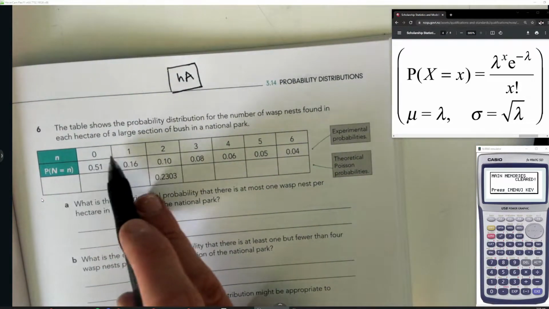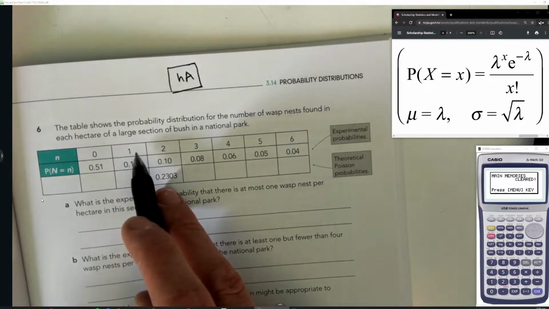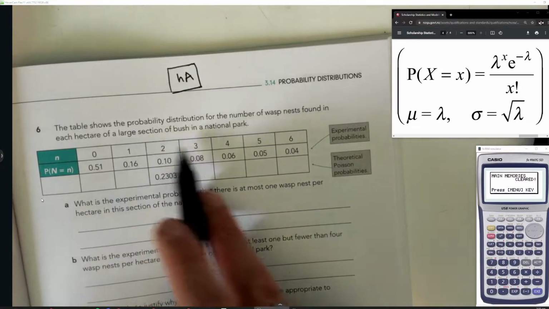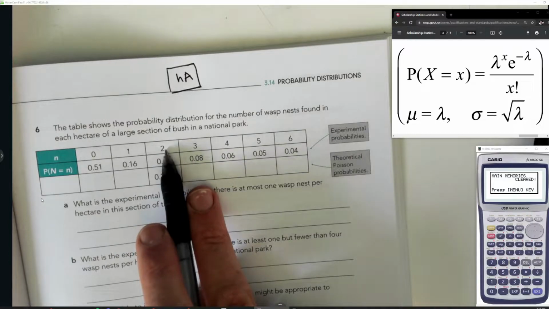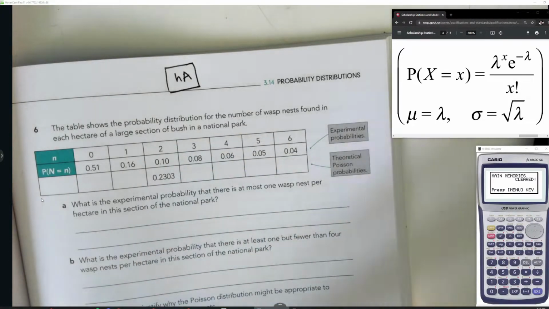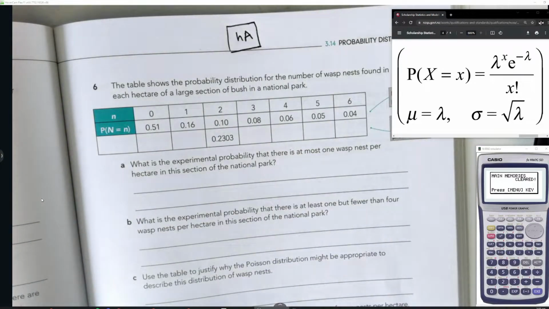So half of those hectares had no wasps in them, 0.16 of them had one wasp nest, 10% of them had two wasp nests, and 0.08 had three wasp nests. So yeah, this is an experimental distribution.